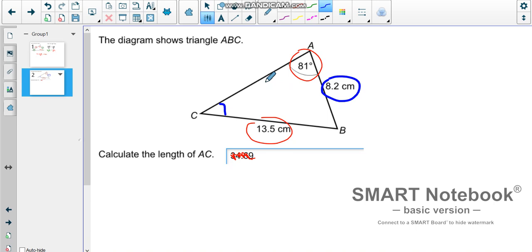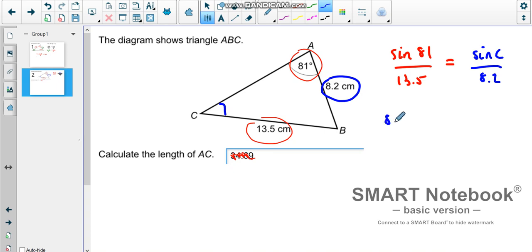Initially then, we're trying to find an angle, so again we'll start with the angles on top. So sine of 81 over 13.5 equals sine of the angle at C over 8.2.